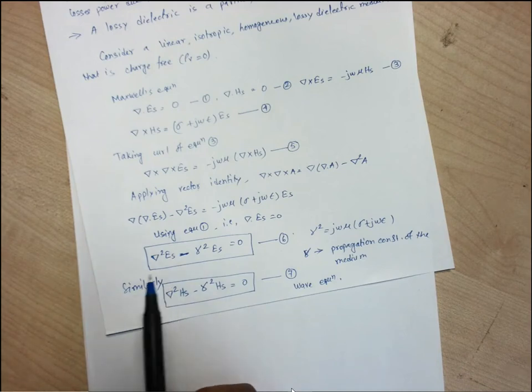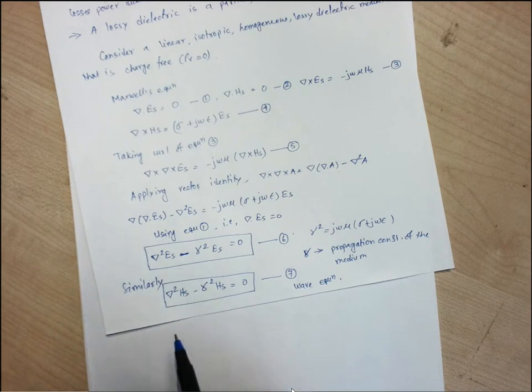So if we consider the x component for the electric field, we will have the y component for the magnetic field. If we have the y component for the electric field, we will have the x component of the magnetic field, considering that our wave is propagating in the z direction.